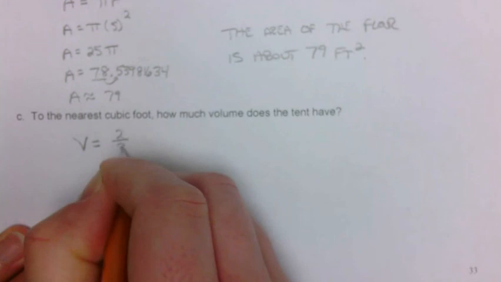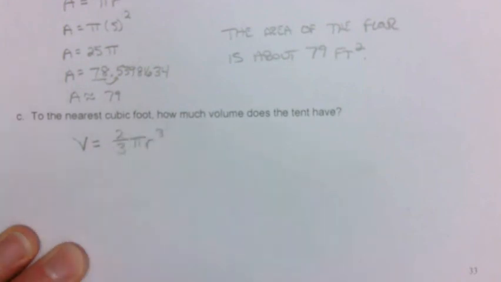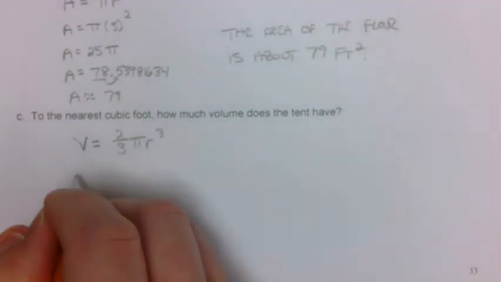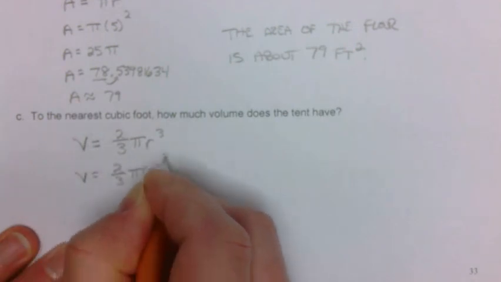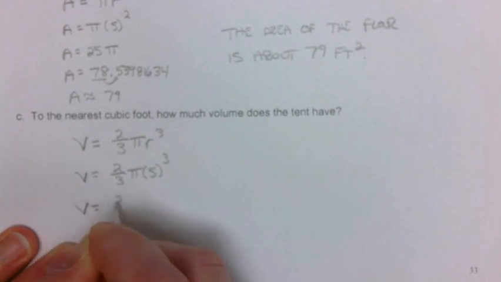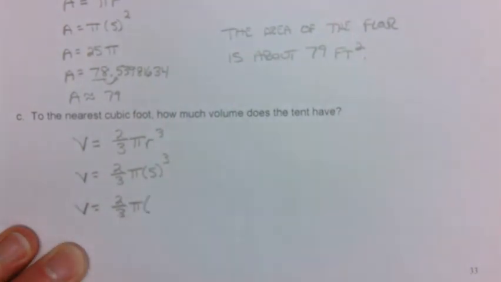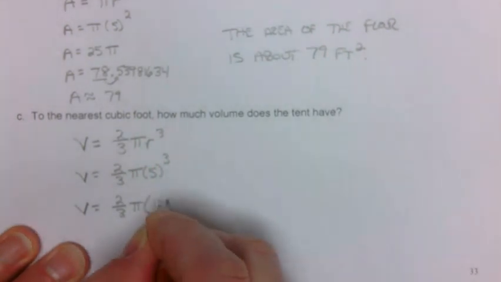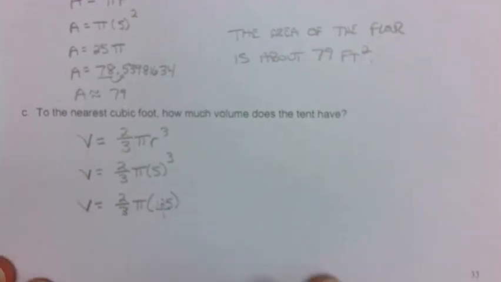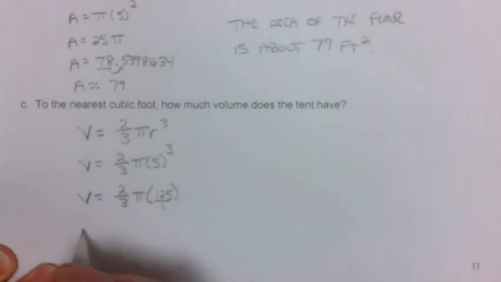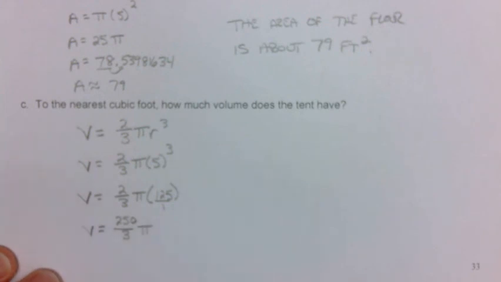And now we'll fill in with the value of the radius, which we calculated earlier to be 5. If we cube 5, 2/3 pi times 5 times 5 is 25. 25 times 5 is 125. 3 doesn't go into 125, so I'm just going to multiply 2/3 by 125 over 1, which is going to equal 250 over 3, and then times pi.